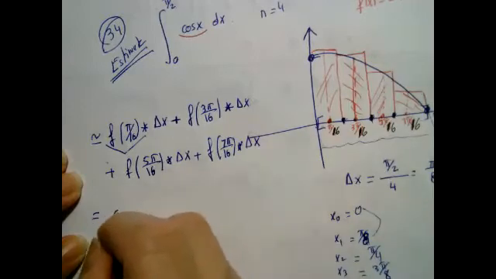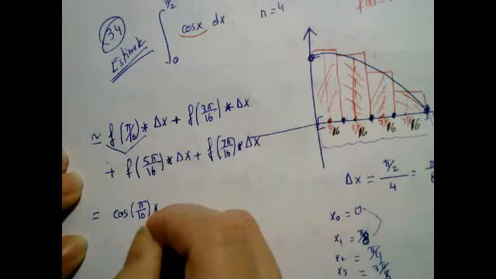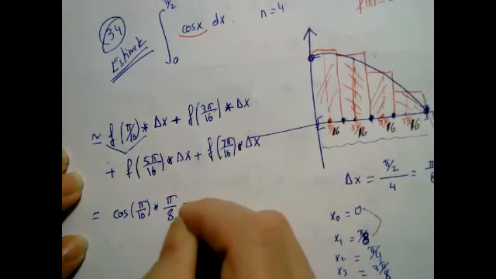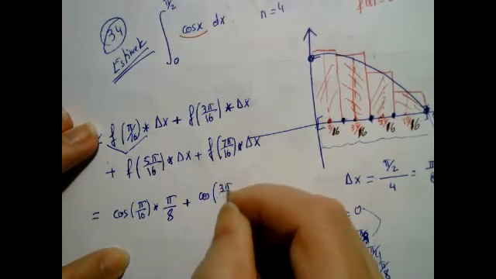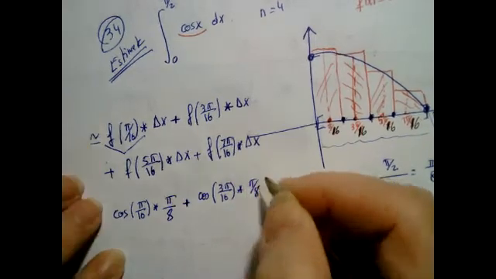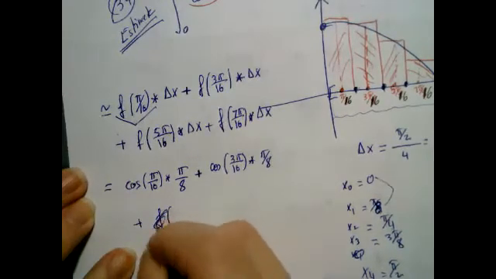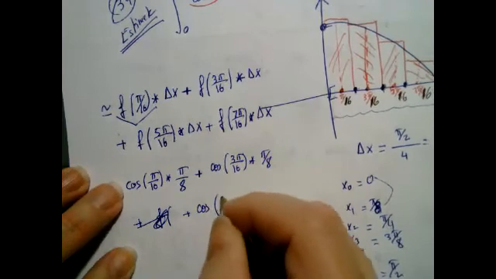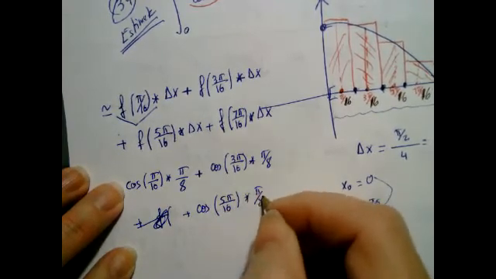What is f of pi over 16? My function is the cosine function. So that's the cosine of pi over 16 times my delta x, which is pi over 8, plus the cosine at 3 pi over 16, and so on. Height times width. The reason I keep writing this is that I want the sum to really sink in, because it is going to come up all the time with us.